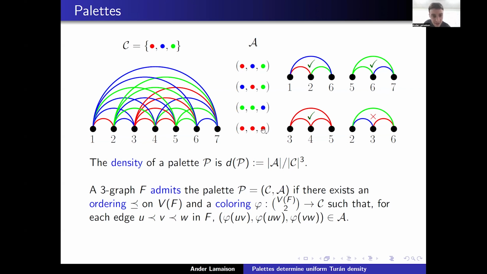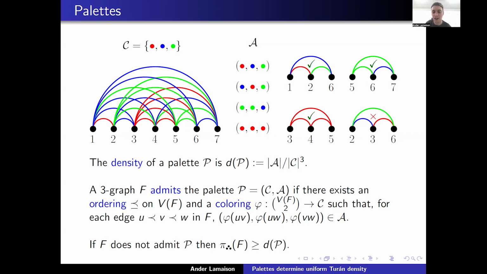Now you can see that if F appears as a subgraph of the construction that I did above, it is going to certainly admit the palette P just by taking the same vertex order as here, left to right, and the same coloring of the pairs of vertices as we have on the picture on the left. So therefore, if F does not admit the palette P, then the density of P acts as a lower bound on the uniform density of F.